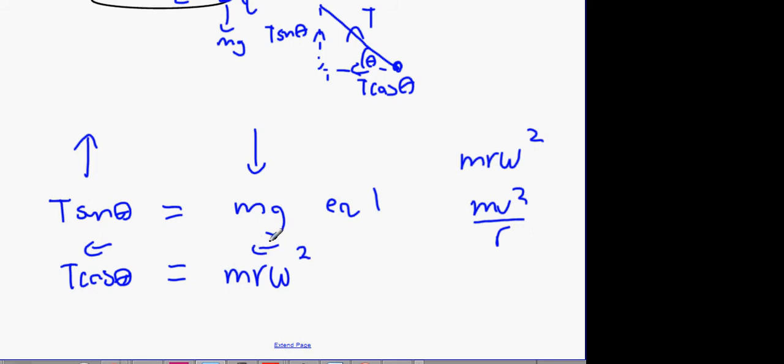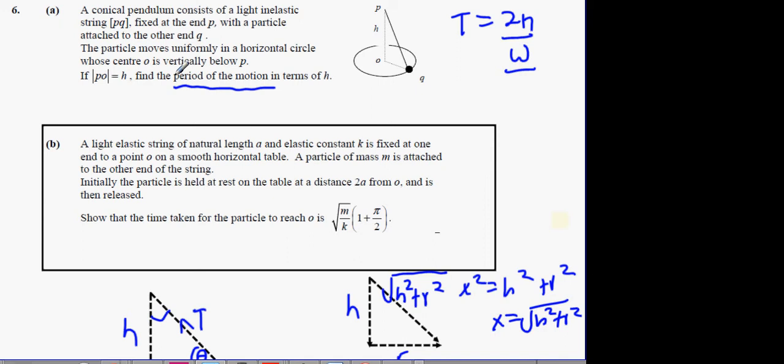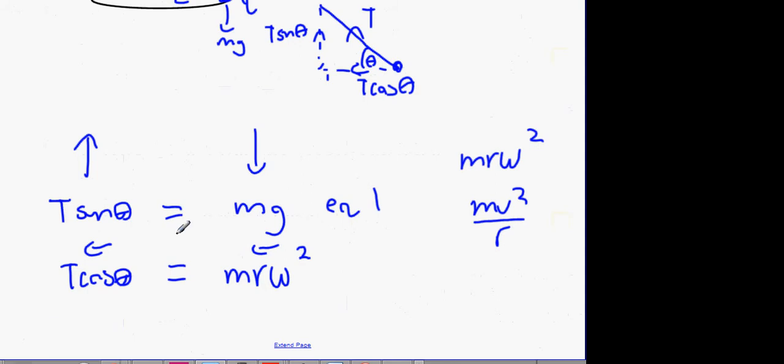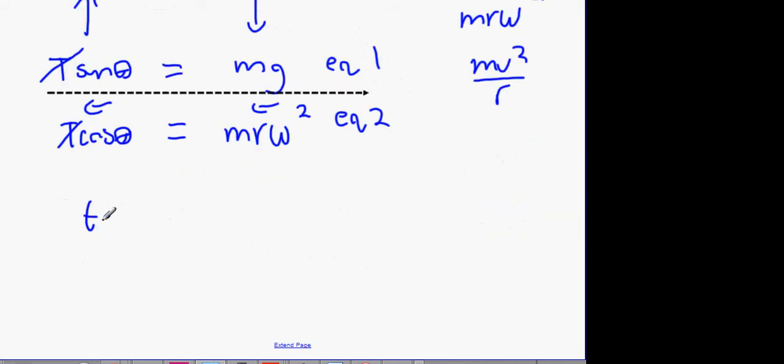Now we could do a number of things. What'd be really handy is, do you know why it wants it in terms of h? If we divide equation 1 by equation 2, what happens? The T's will cancel. We get sine theta over cos theta, which is tan theta, equal to g over r omega squared. And what is tan theta according to our triangle?